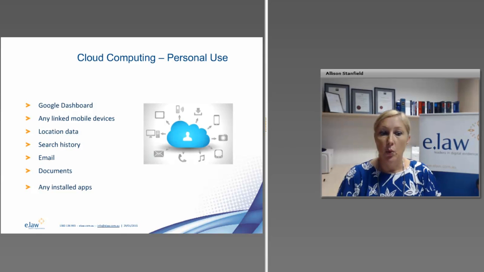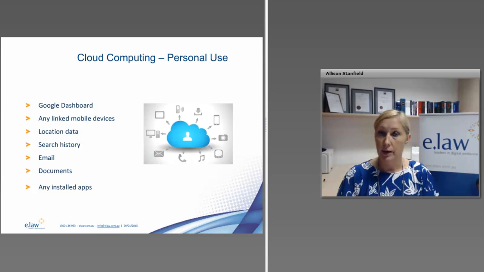There are many different ways of using the cloud, and anybody who uses something like iTunes all have the capacity to upload their files to the cloud. Google has the ability to upload files to their cloud from the dashboard. You can link all sorts of mobile devices, again using the Apple example.